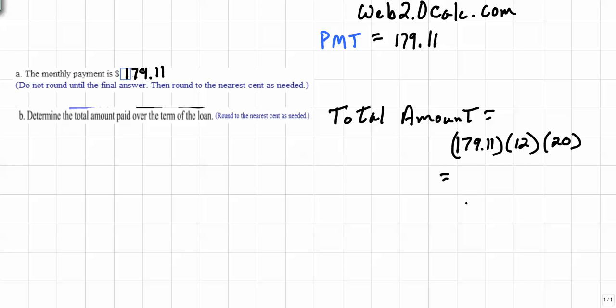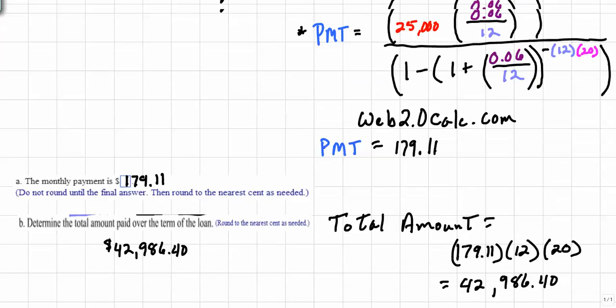And so when we do this, we end up with a total amount of $42,986.40. And so that's what we would enter into our answer field. So we'd have $42,986.40. That's the total amount paid out over 20 years.